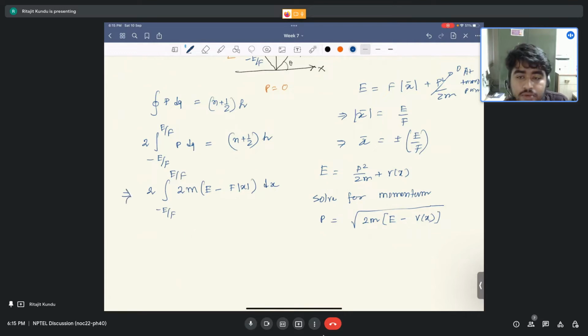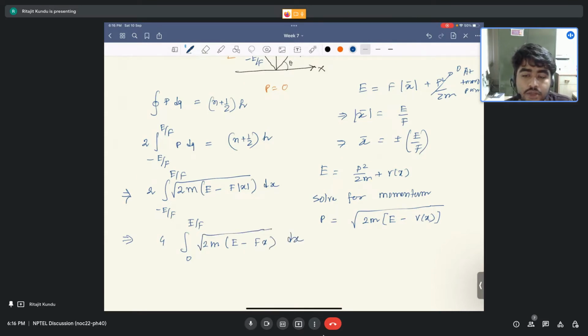Okay, now you see, there is a square root which I am missing. Now you can see that this integrand is actually an even function, and I have symmetric limits. So what happens to this even function? Now that gives me an additional 2, so the factor becomes 4, and I will have 0 to e by f, square root of 2m times e minus f times x, dx.